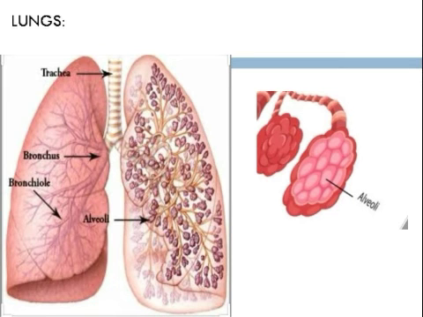When we observe the lungs, the interior of the lungs is divided into millions of small chambers, thus tremendously increasing the moist surface available for transfer of gases between air and blood. So look at the screen. The small ball-like structures are called alveoli.